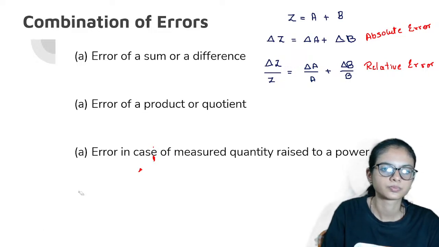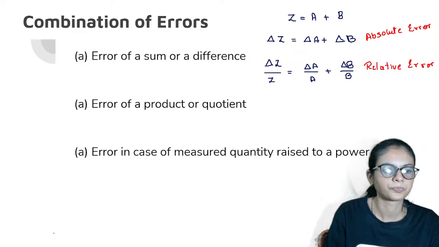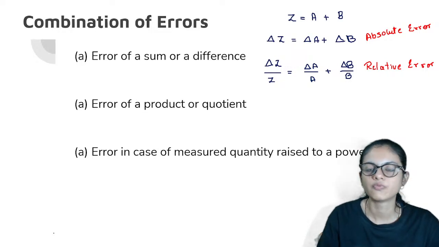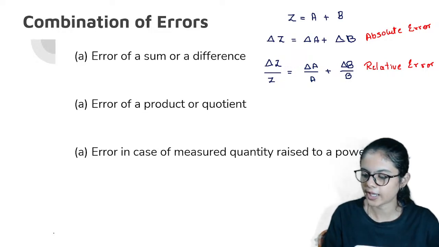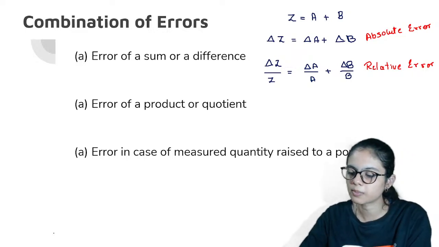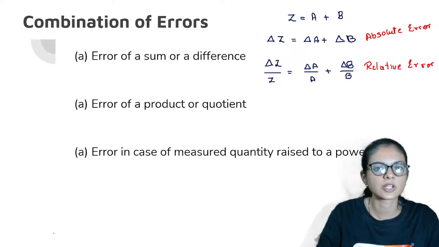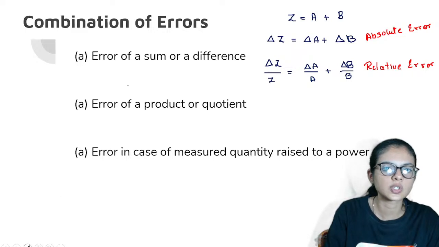Then, this is how we calculate the relative error. Clear with this? So this was for addition. If the final value we are getting is by addition, this is the process. And difference is also the same process.